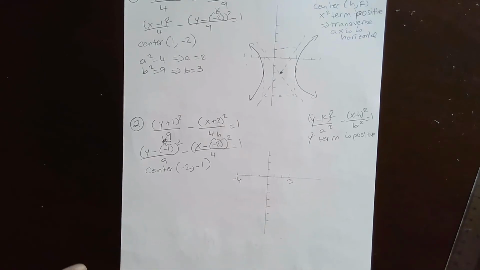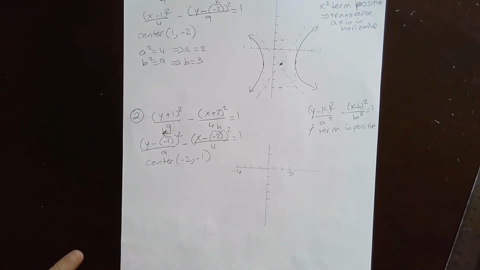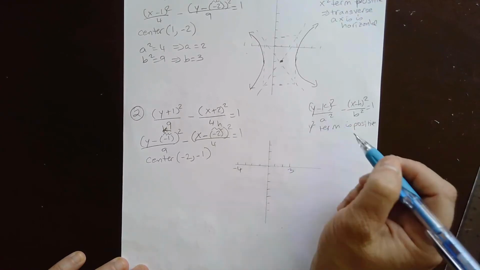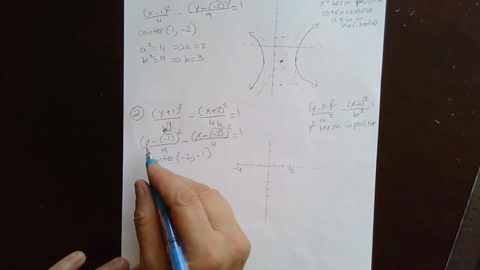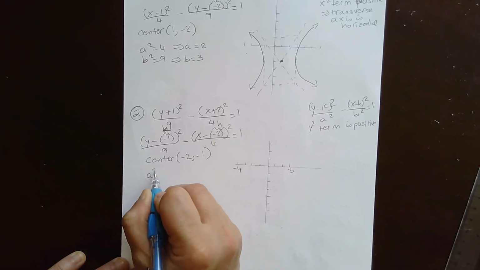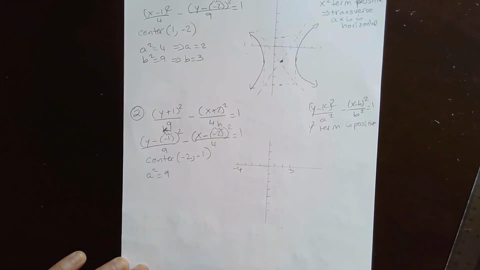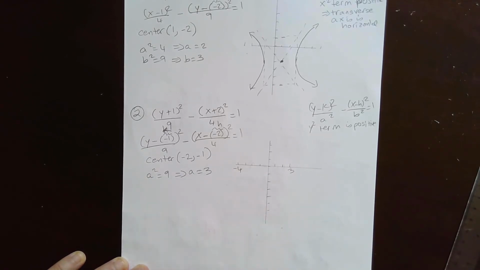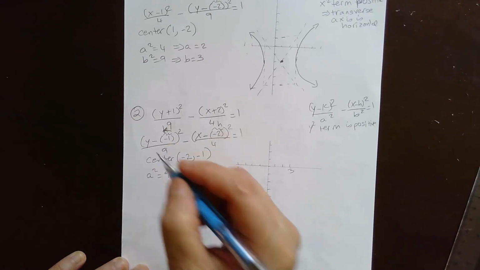This is our center, (-2, -1). Now a² is under the positive term, which is y in this case. So a² is equal to 9. That means a is 3. So from the center we go up 3 and down 3 because that's a y here.